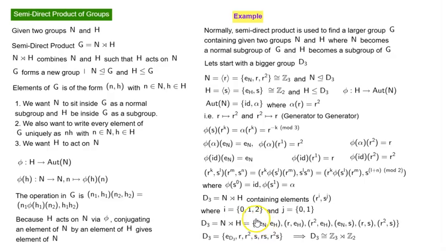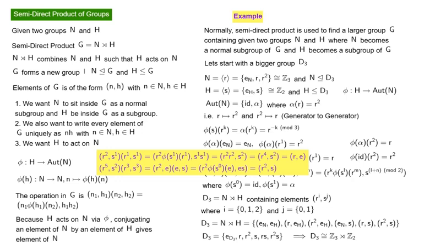Now, while I didn't multiply two of these elements, ordered pairs, to arrive at this, I have directly shown it to you. So let me just show you two such examples. So here, let's take R square, comma, S to the power of 1, that is reflection once.